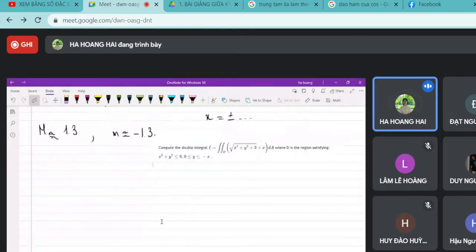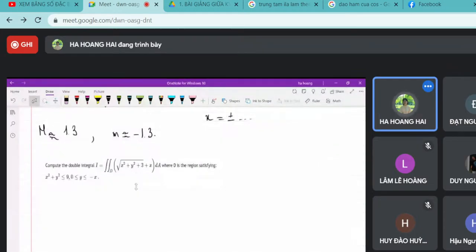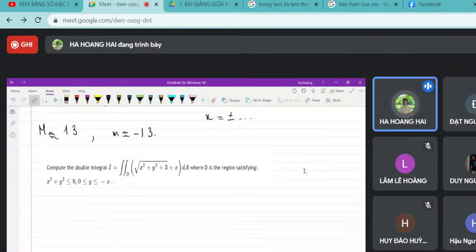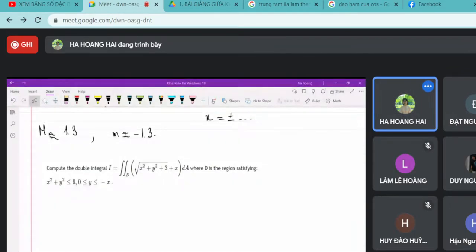Okay, so we compute the double integral. What is the region satisfying? Check all true things.